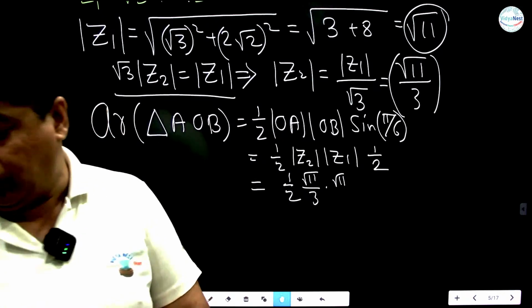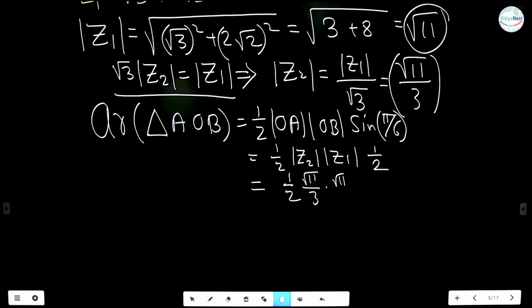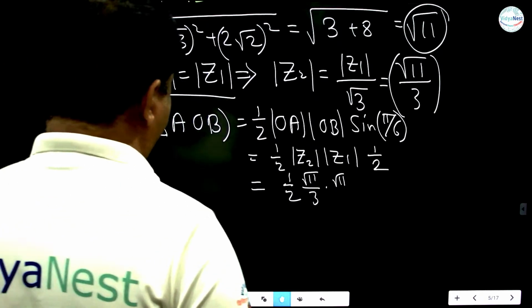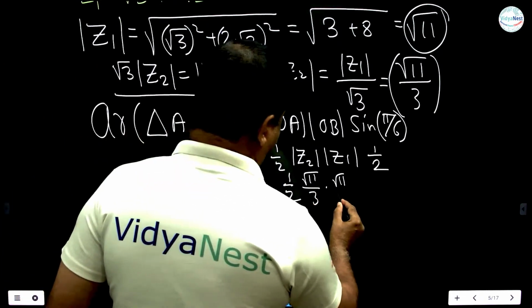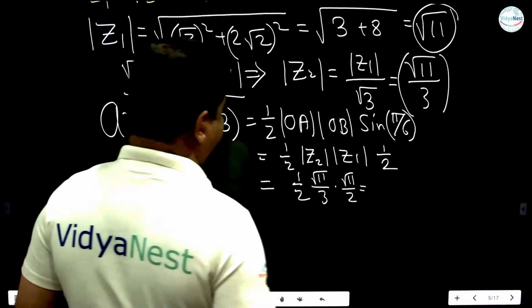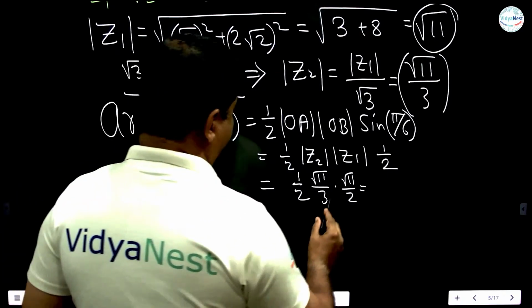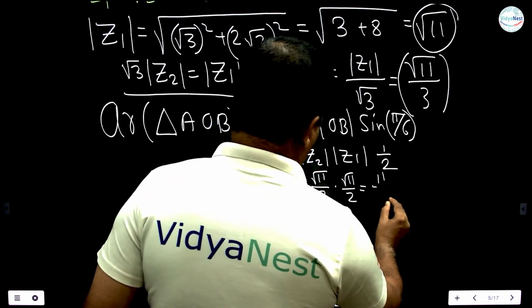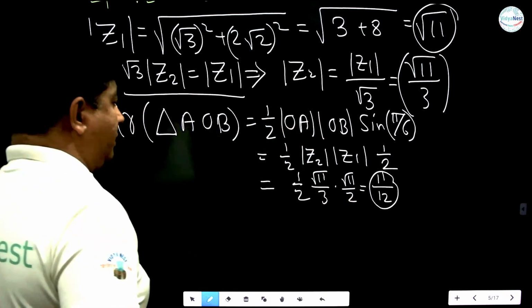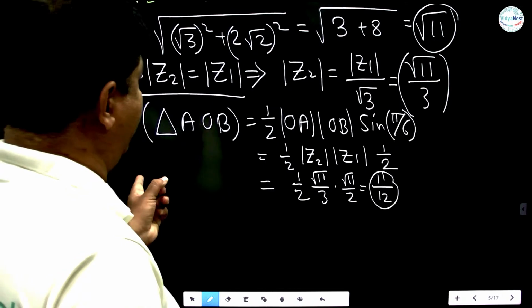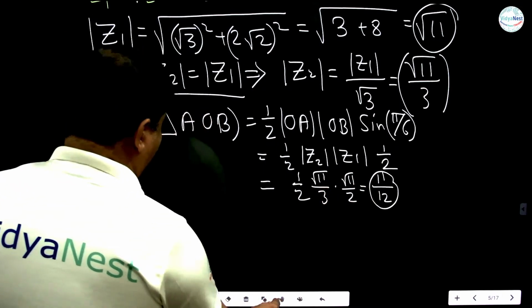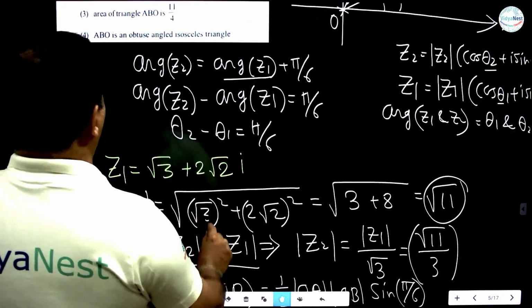Just hold on one minute. Okay. Now, this is half. So, 11/12. √11/3 into √11, and this is half. So, 11/12. Area of the triangle AOB.